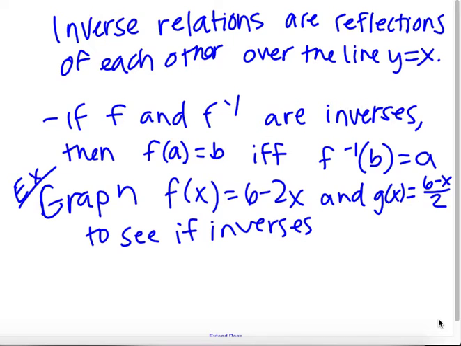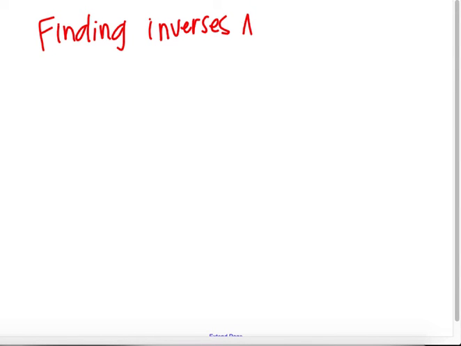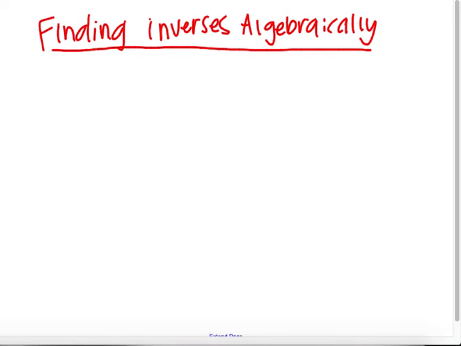so finding inverses algebraically, that's what we're going to do next. So there are a couple steps. So we'll say finding inverses algebraically. So steps would be to do this. Replace f of x with y.